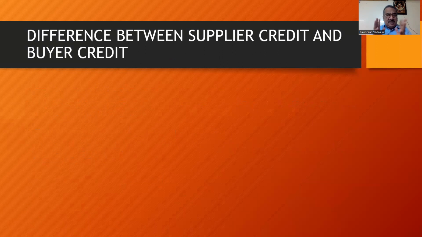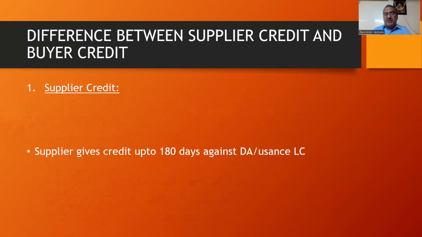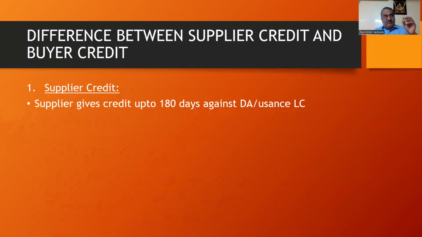Now we'll see what is the difference between supplier credit and buyer credit. What is a supplier credit? Here, the word itself says supplier. The supplier is giving credit. So it's a direct finance given by the supplier of goods or capital goods to the importer.